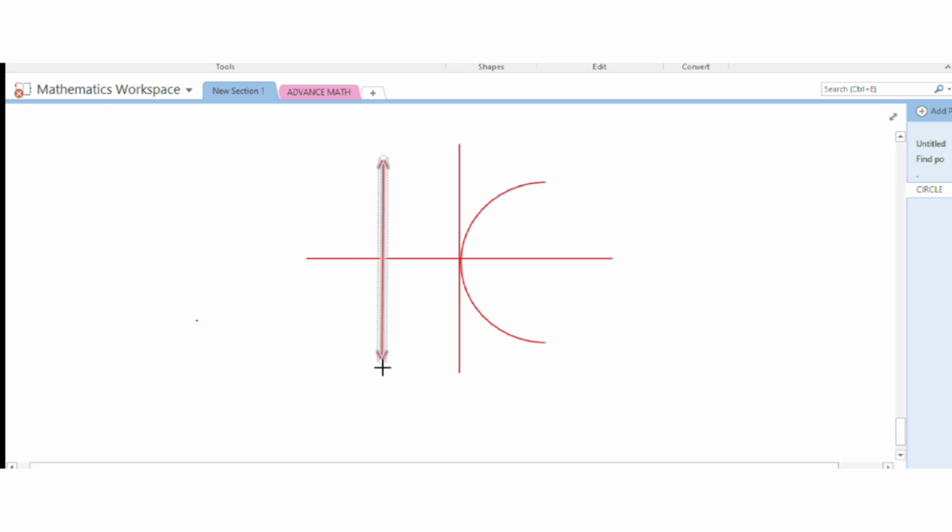That one fixed point is called the focus, and we name it F. This fixed line is called DD dash. This is our coordinate axis, x and y, and we take the vertex of the parabola at 0, 0, that means the origin. So D D dash is the fixed line, and F is the fixed point.